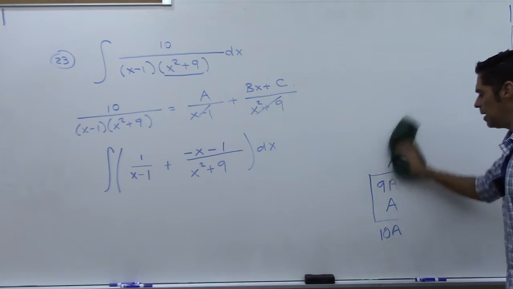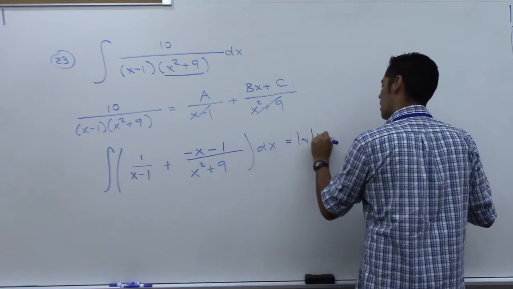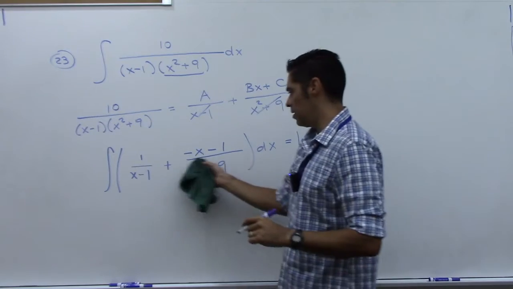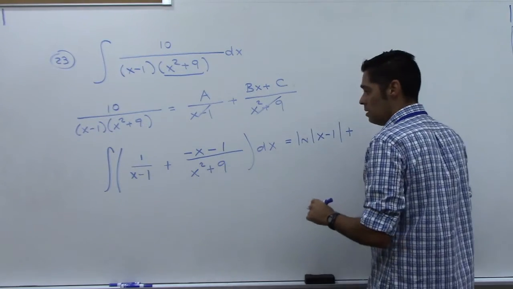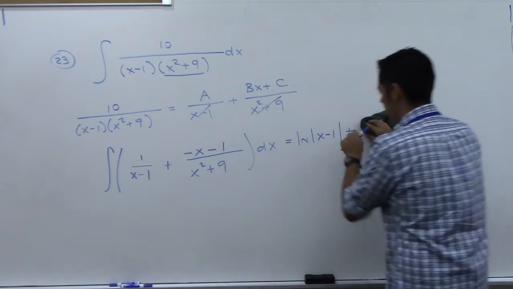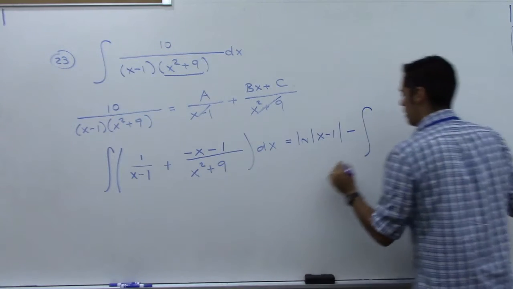The first piece of that integral is pretty straightforward. Natural log x minus 1. Plus, now the other part of this integral isn't very nice. I think what I'll do is these both have negatives, so I'm going to pull the negative out, and then I'm going to rewrite the integral, and these will be positives.